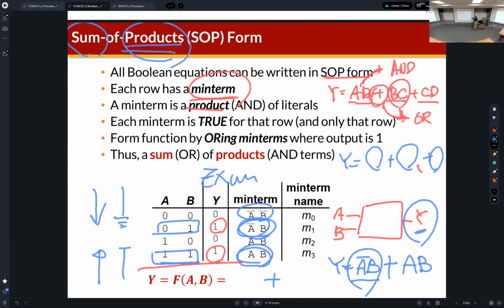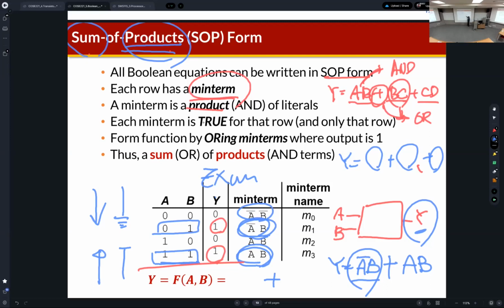So if this is 1 or if this is 1 or if this is 1, then y becomes 1. So that's why we focus on how to make y 1 using min terms.